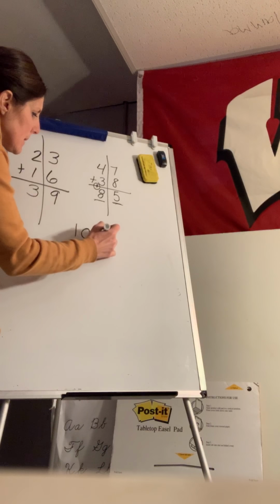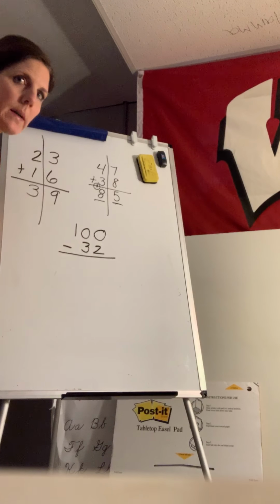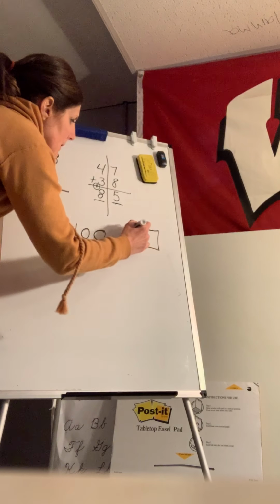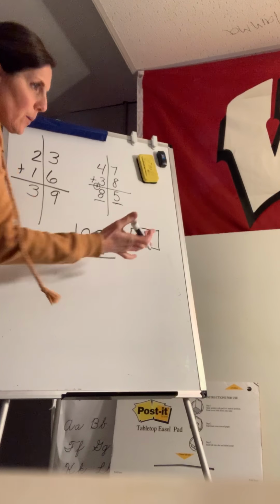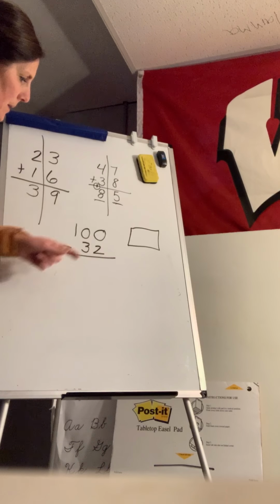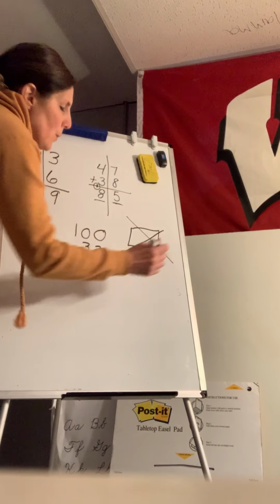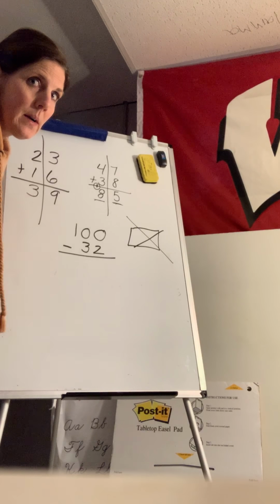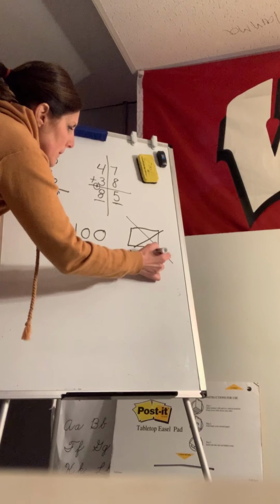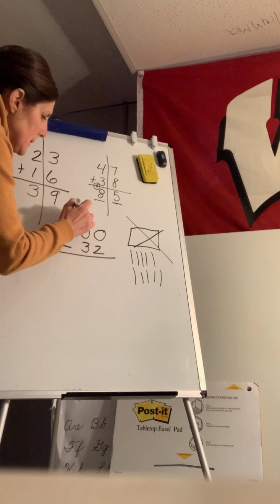Subtracting. Let's start with the big bad 100 minus 32. If you want to, draw it out using your models. If you have 100, you don't have any 10s, you don't have any 1s. So you can't take 2 away. You don't have them. You can't take 3 tens away. You don't have them. So we can trade our 100 in for how many 10s? 10 tens: 1, 2, 3, 4, 5, 6, 7, 8, 9, 10. We're going to cross out our 100 because we don't have it anymore.